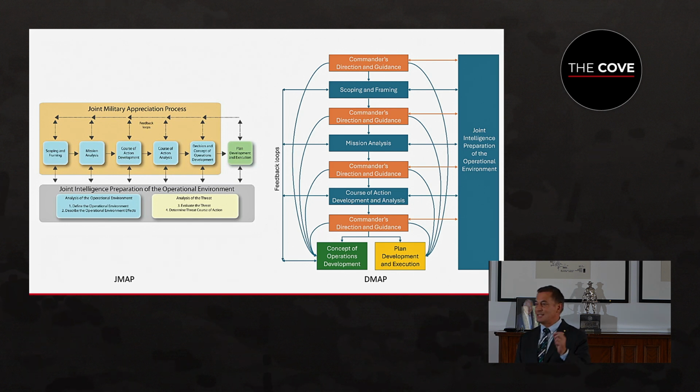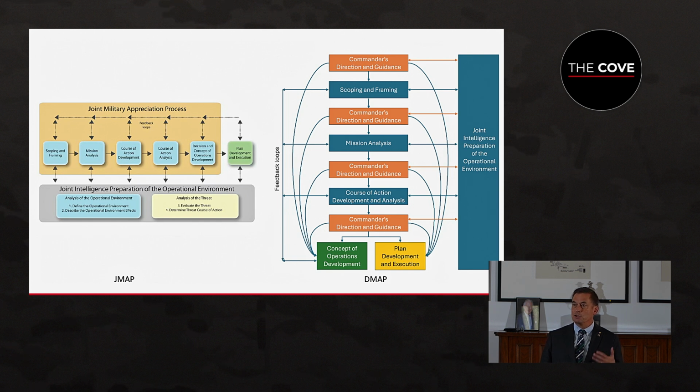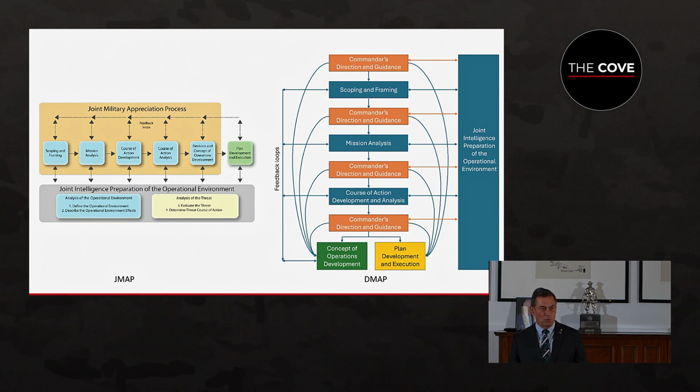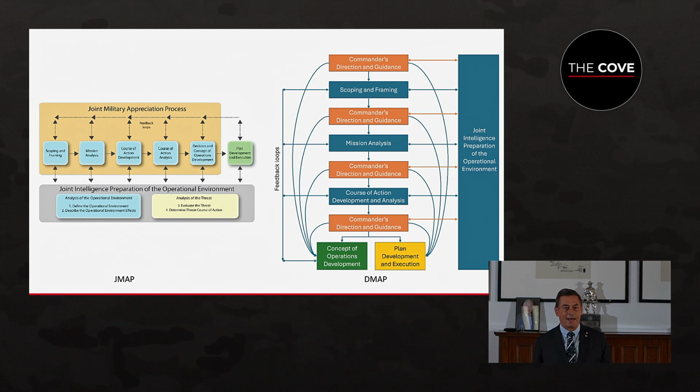You do not wait to the end. As soon as you can make a decision, make a decision. Okay, and the decision in this case is the course of action to be executed. So that's an important step forward. You don't wait to the end of the process. As soon as you can make a decision and act.